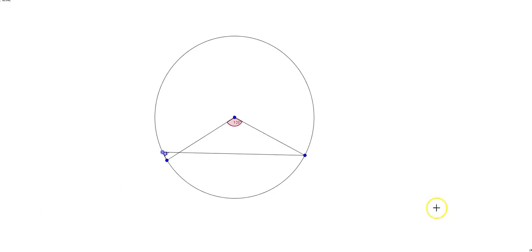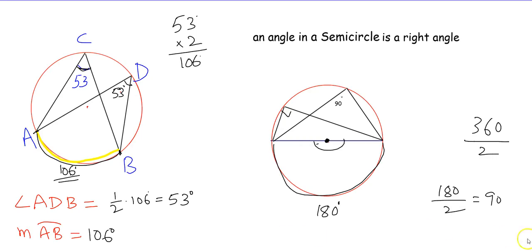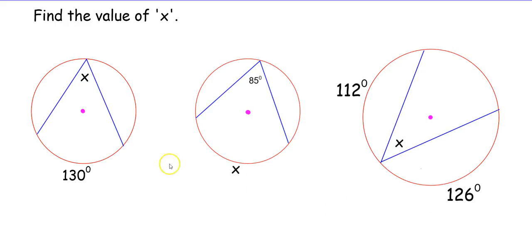Alright, now let me give you some problems to try out. I have 3 problems in fact. In the first, given the measure of the intercepted arc, you have to find the inscribed angle, and in the second figure they gave us the inscribed angle and you're looking for the intercepted arc.